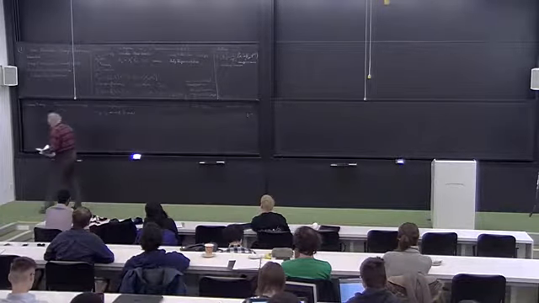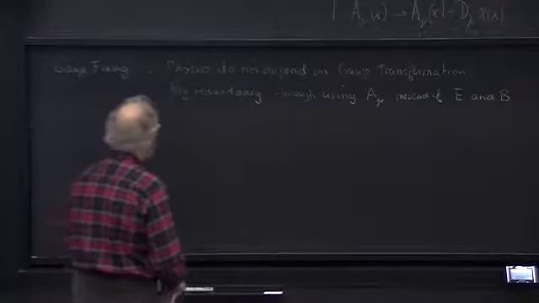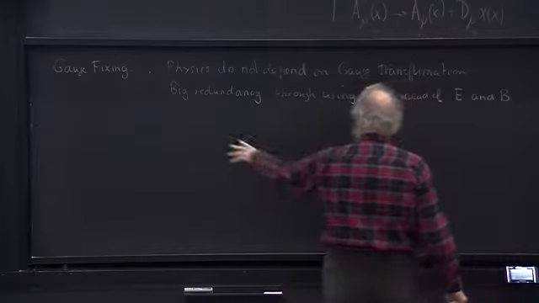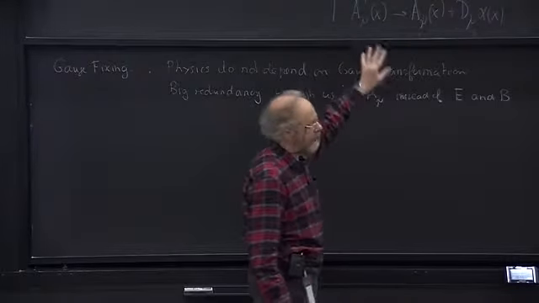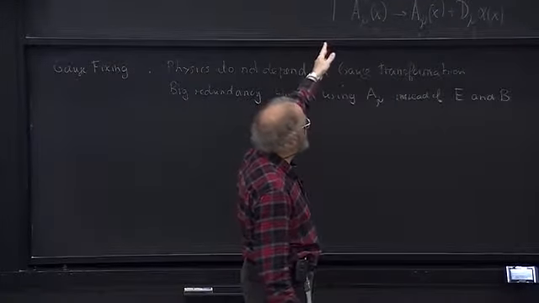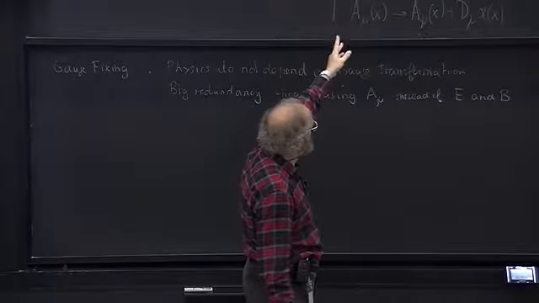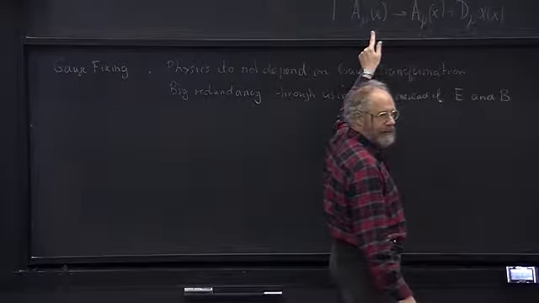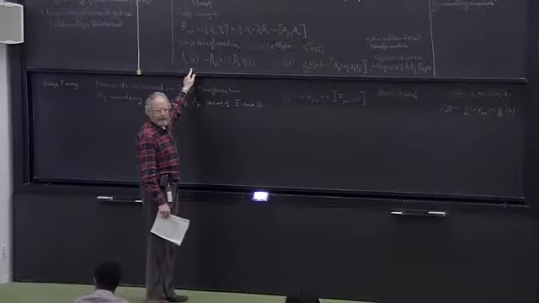So the physics doesn't depend on gauge transformation. There is a big redundancy. You can write the equation of motion and solve them, but many different gauge fields will be equivalent and solutions of the same equation of motion.